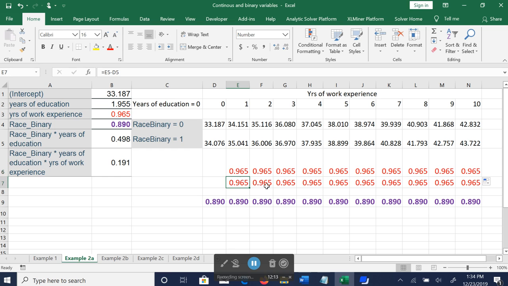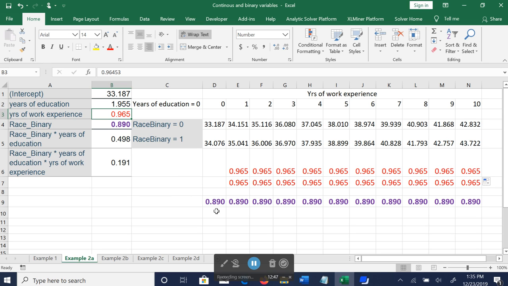And for those from race category 1 with no education, if they acquire 1 year of experience, their income is also going to change by $965. And for those from race category 1 with no schooling, if they work an additional year, their income is still going to increase by $965. And these correspond to these coefficients.